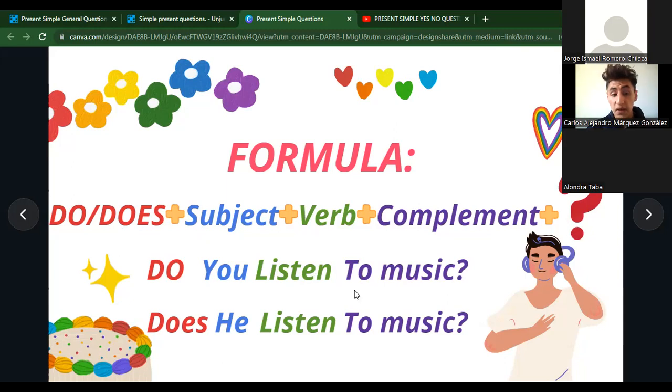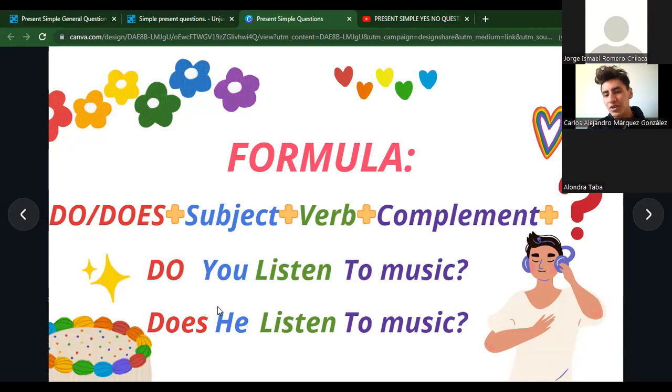Here we have some examples. The first one, do you listen to music? Do is the auxiliary, subject, you, the verb, listen, and the complement, to music, okay?